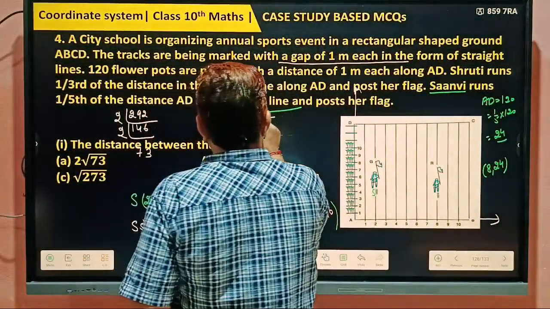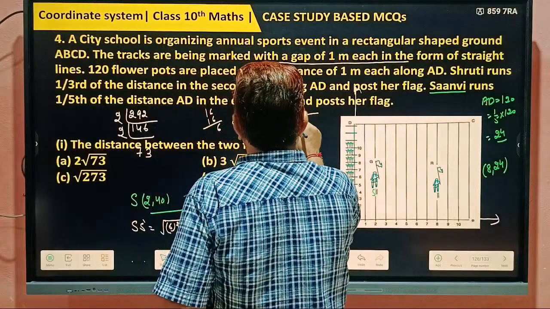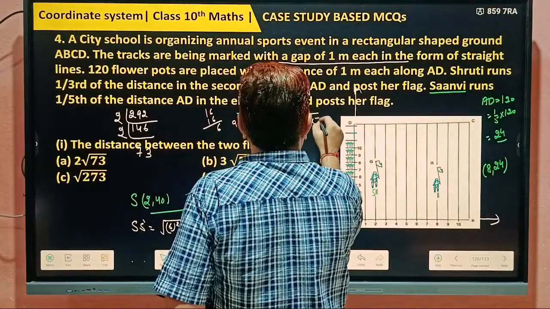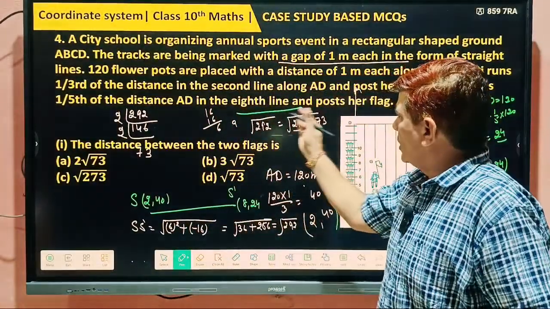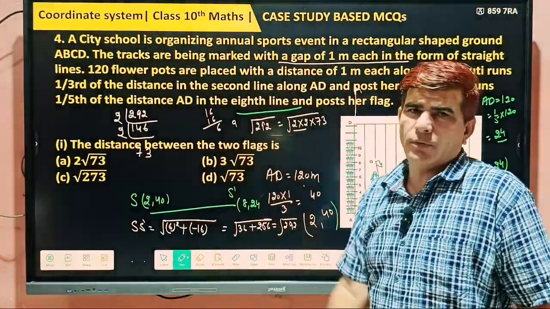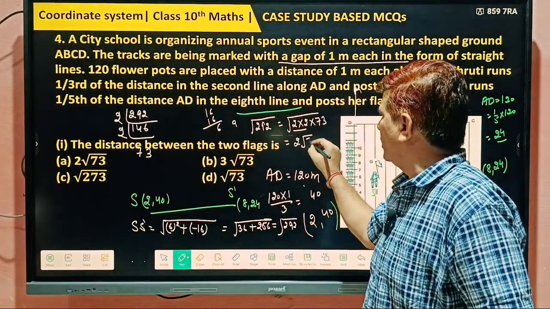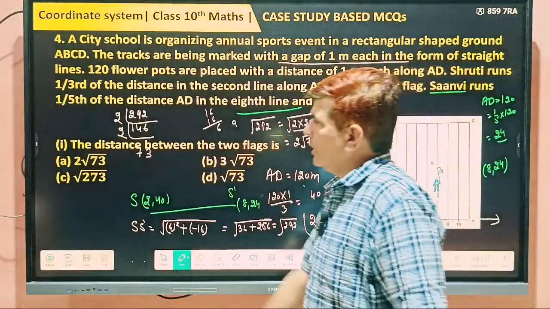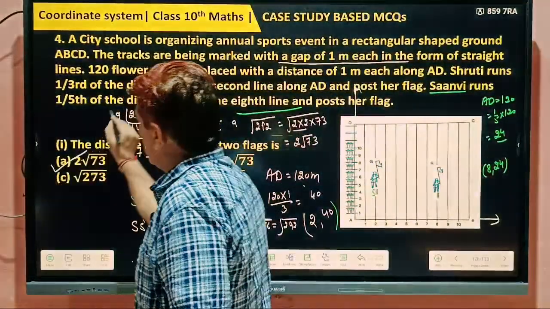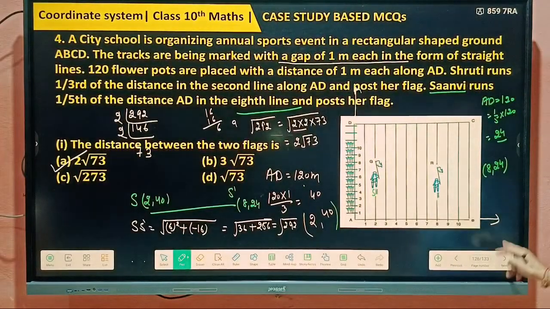So under root 292 we can write under the root 2 into 2 into 73. And you know, from this under root, the one which is in a pair comes outside. Which one is the pair? 2. So 2 under root 73 is the distance between them. So is any one given here? Yes, A is its answer. Got? Next, tick.